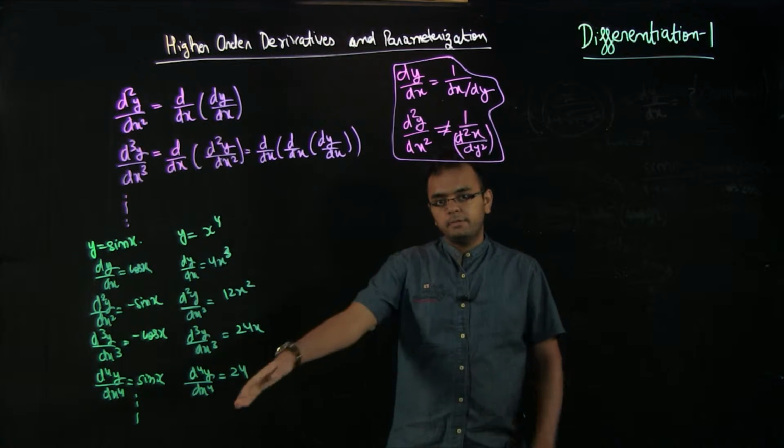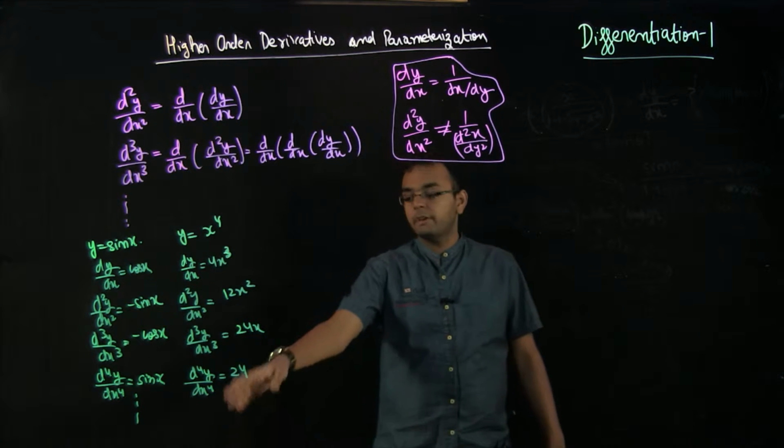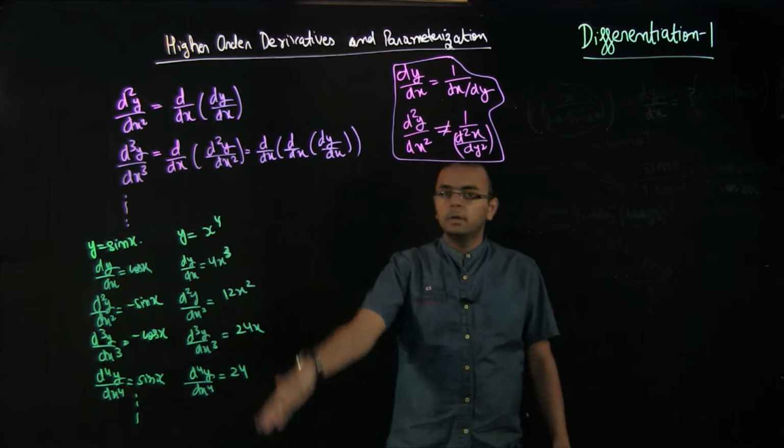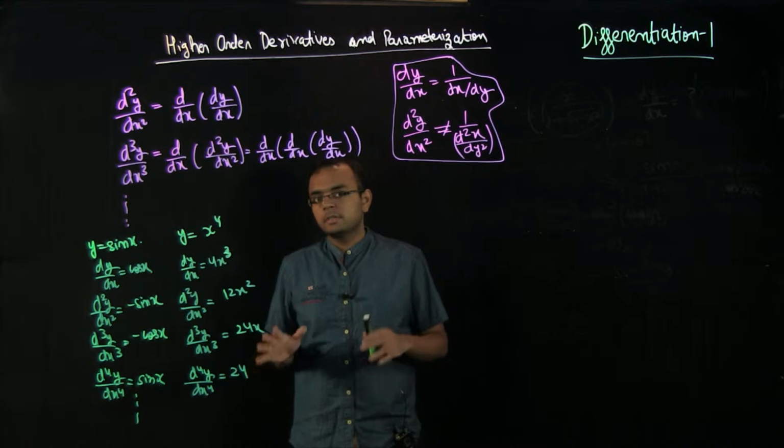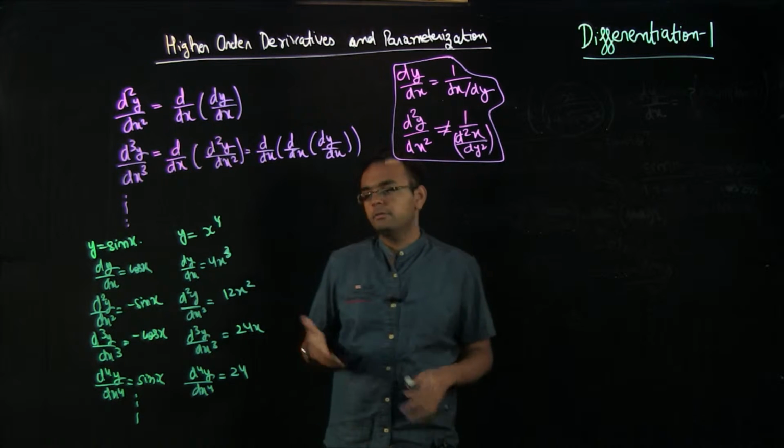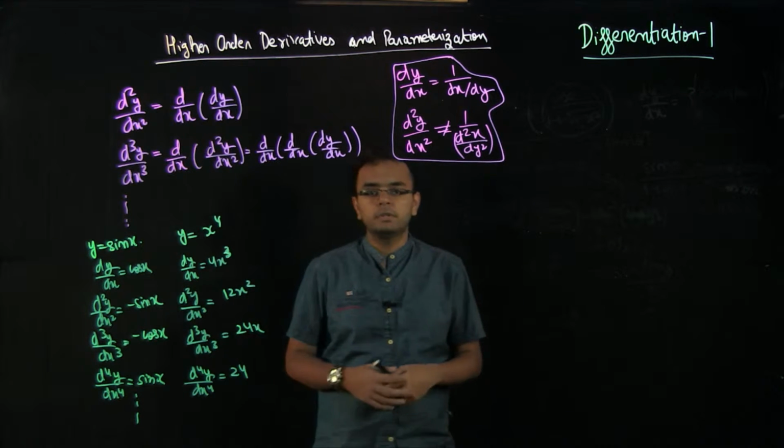And d5y by dx5 would be 0, so you can calculate these things. So this was just a very quick introduction about higher order derivatives. You should know them, and it is pretty straightforward to understand them.